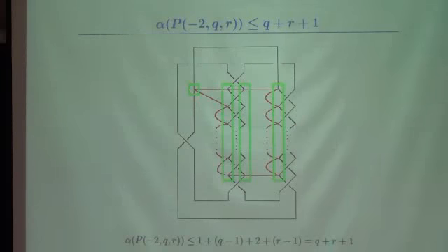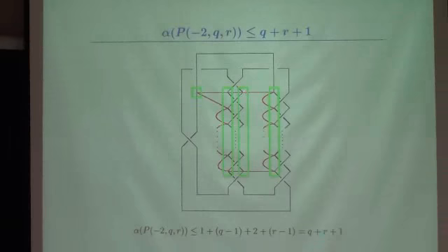Here you have one intersection, and here you have Q minus 1, and here you have only two, this one and this one, and here you have R minus 1. So total Q plus R plus 1, and the number of crossings in this diagram is Q plus R plus 2.